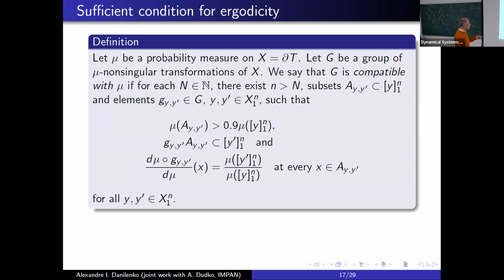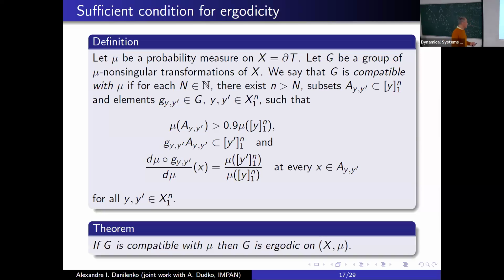Suppose we have a probability measure mu on X. G is a group of non-singular transformations of X. And we say that G is compatible with mu if for every n there is an m greater than n, and a subset A' inside the cylinder, and elements g' from G, such that these properties are satisfied. If G is compatible with mu, then G is ergodic.